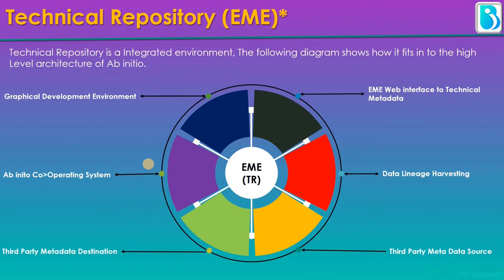So if you don't use Metadata Hub, which is the Ab Initio solution, we can use this metadata by integrating with any other third-party metadata management tools. And EME is integrated on top of the Ab Initio Co>Operating System, so we should have a Co>Operating System in order to work with the EME. It's tightly integrated with the Co>Operating System.